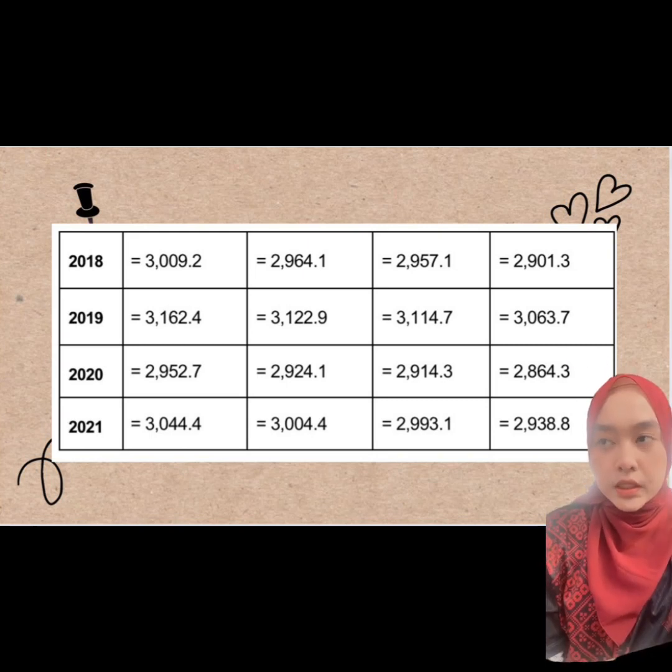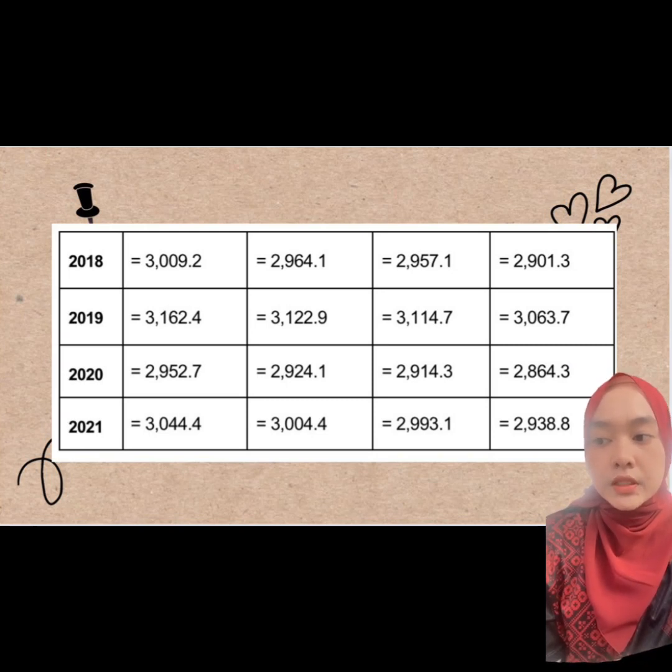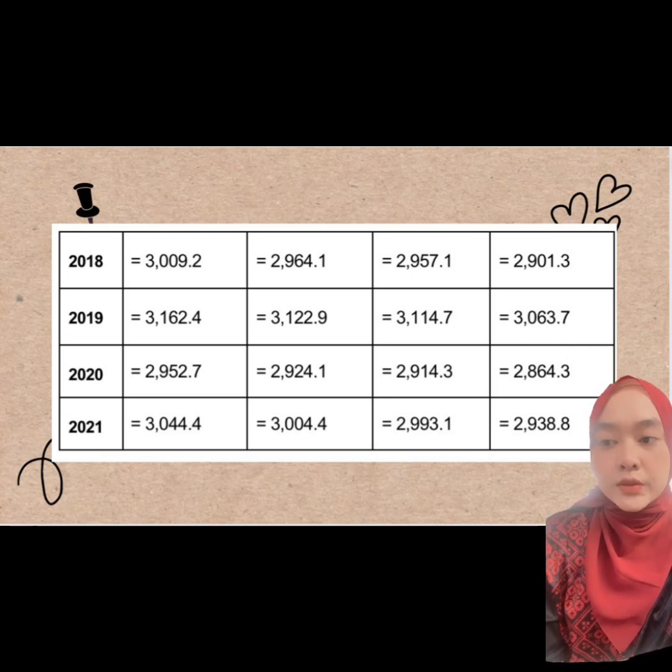For 2020, for gross domestic product at market price, we get 2,952.7. For gross national product at market price, we get 2,924.1. And for gross national product at factor cost, we get 2,940.3. And the national income, we get 2,864.3.